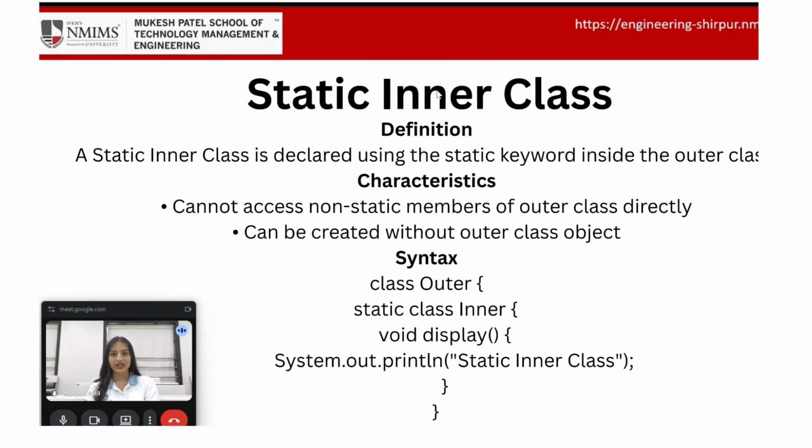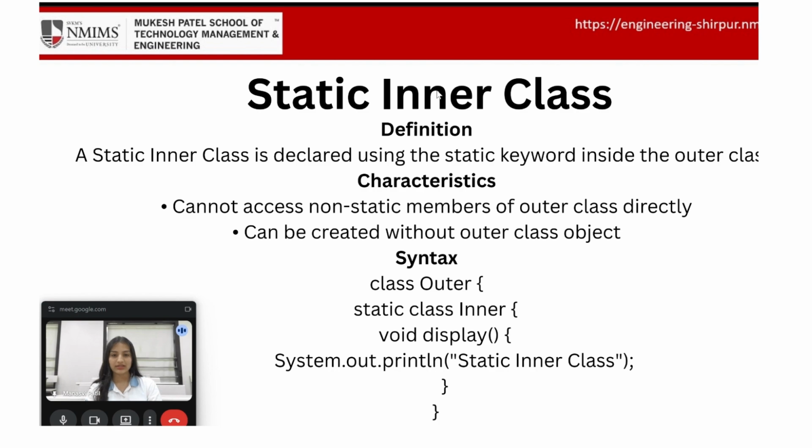So the first type of inner class is static inner class. A static inner class is declared using the static keyword inside the outer class. One important property is that it cannot directly access non-static members of the outer class. This is because static elements belong to the class itself rather than to objects.